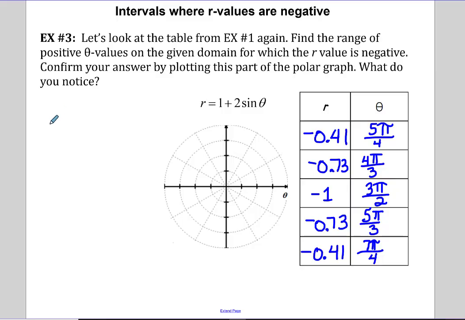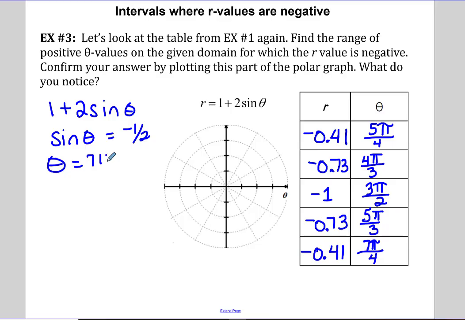And we wanted to know where the R values were negative, and I did that by taking 1 plus 2 sine theta and knowing where sine of theta was negative 1/2, and that happened at 7 pi over 6 and 11 pi over 6.